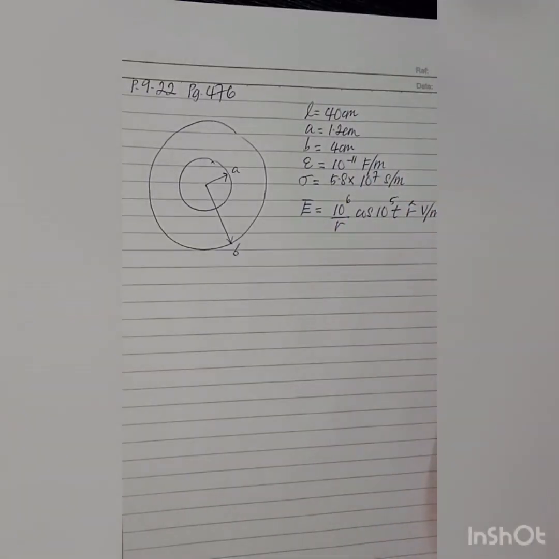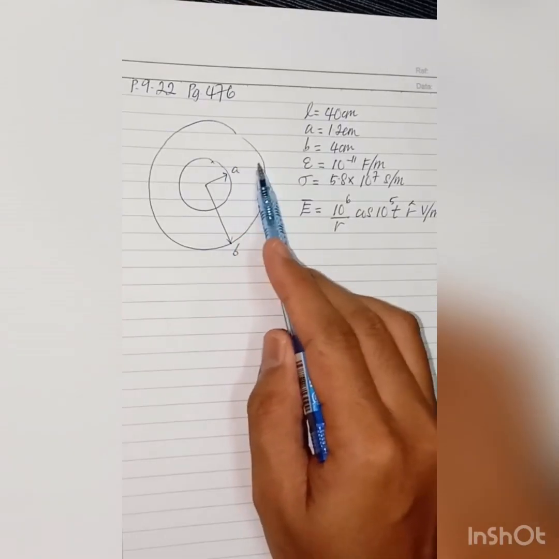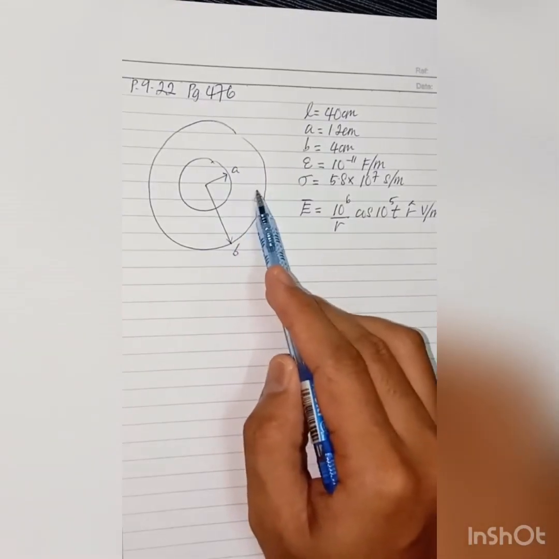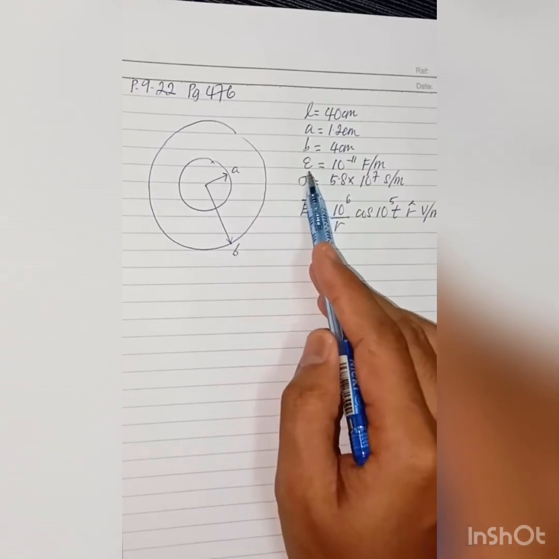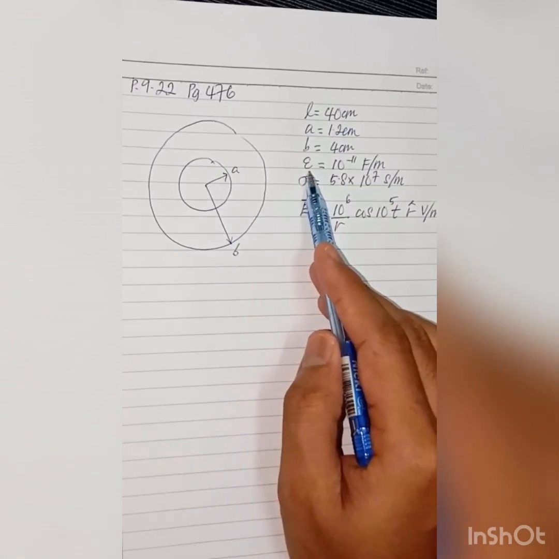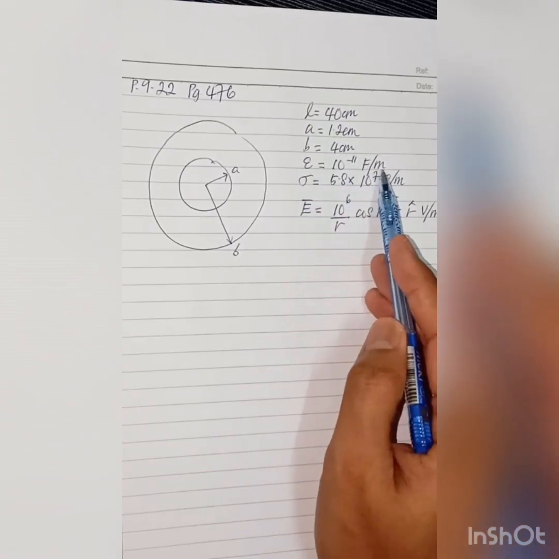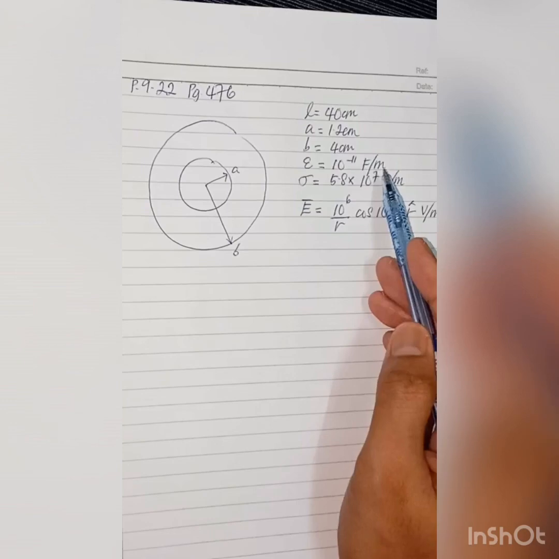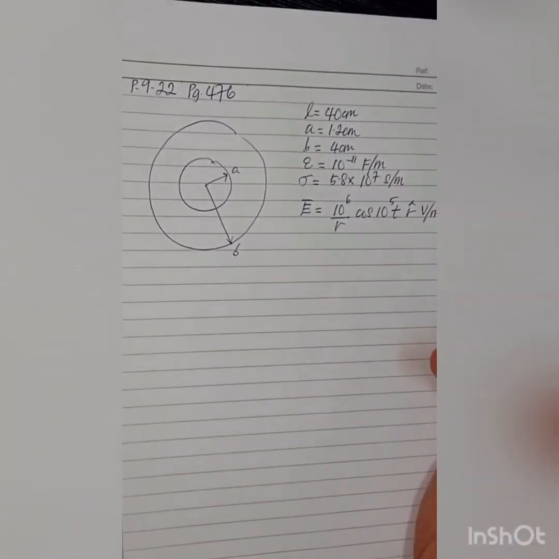And then for these types of dielectric in between, in these regions, it has the homogeneous permittivity given as 10 power of minus 11 farad per meter, and also it has the conductivity value of 5.8 times 10 power of 7 Siemens per meter.